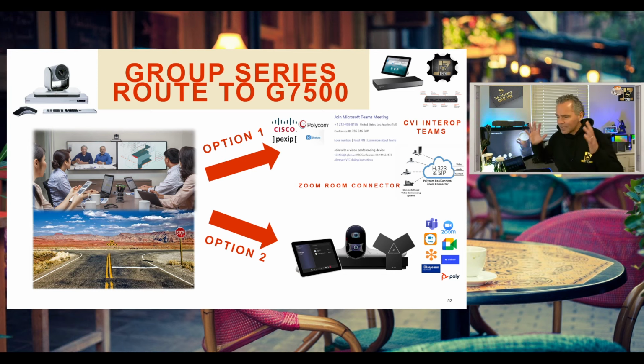It could be that you have a very complex AV integrated room and already a setup there. Then it's always something to investigate whether you want to go for interop or replace. If you need to replace it in the end, or your Group Series has expired and you want to find something new, then I think it's a good option to look at the G7500 and see how that fits into your environment.